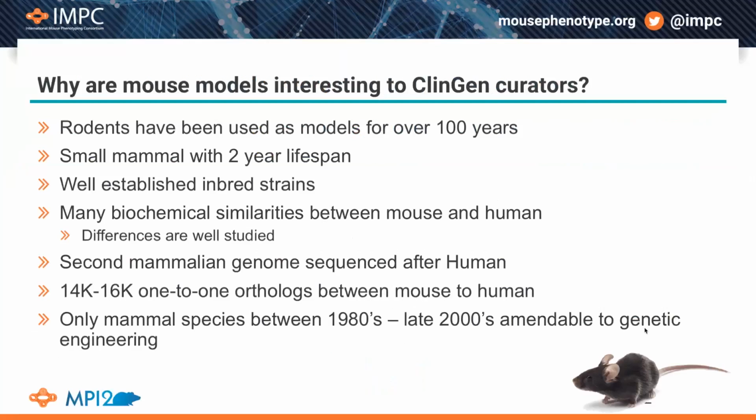There we go. So why are mouse models of interest to curators looking at variants in human patients and people? Well, rodents have been used as models for over 100 years to study abnormalities in humans, originally nutrition and then cancer. They're mammals with a 2-year lifespan, so this fits well in experimental setups for PhDs, postdocs, and so forth.